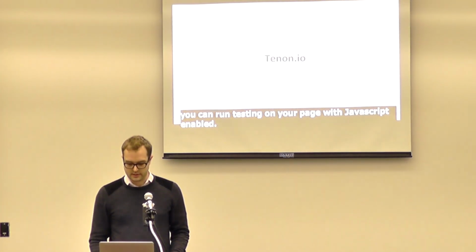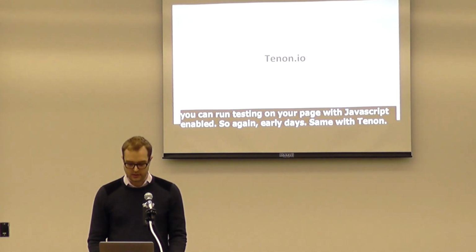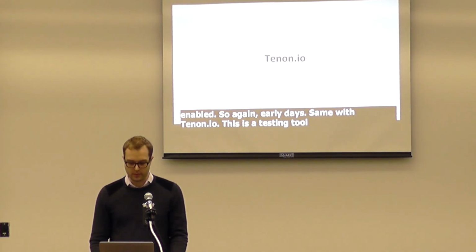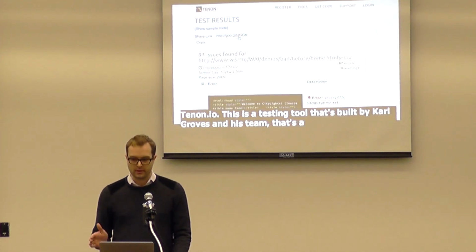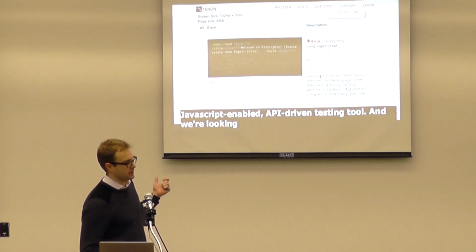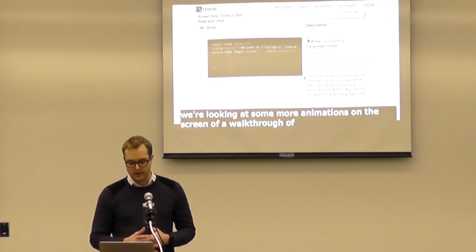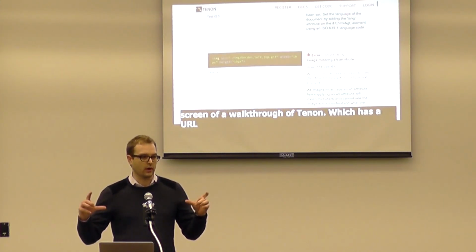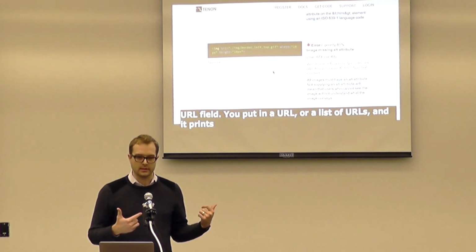So again, early days. Same with Tenon, tenon.io. This is a testing tool that's built by Karl Groves and his team. It's a web-based, JavaScript-enabled, API-driven testing tool. And we're looking at some more animations on the screen of a walkthrough of Tenon, which has a URL field. You put in a URL or a list of URLs, and it prints out a report. Kind of similar to what AccessLint does.